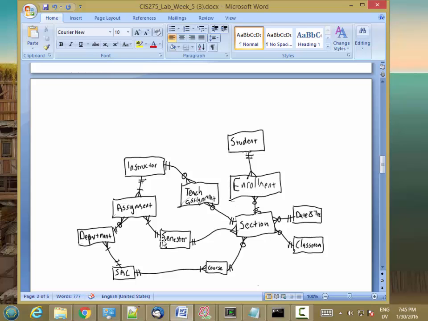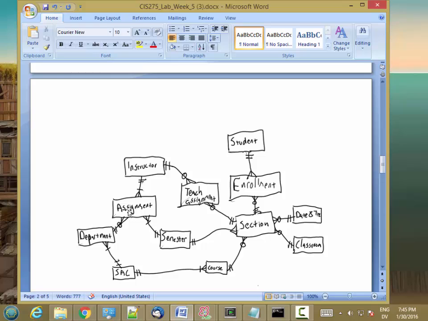On the other hand, semester is not a weak entity because you can have a semester even though there are no instructors assigned for that semester and even though there are no sections being offered for that semester. So semester is not a weak entity, but enrollment is.